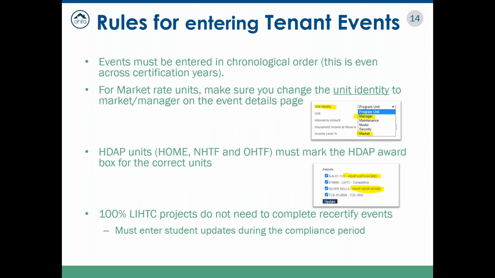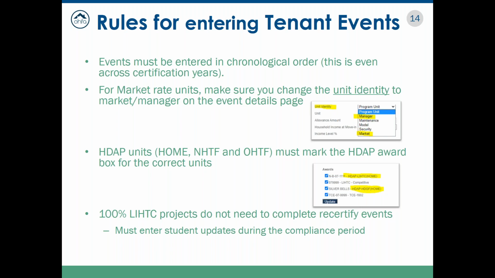Now let's get into some rules for entering tenant events and or tips. Events need to be entered in chronological order, and this is even across certification years. So if you're in the 2021 year and you try to enter in a student update, and it gives you a little note at the top that says events must be entered in chronological order, and you're like, what?